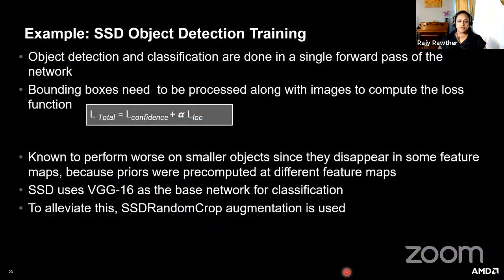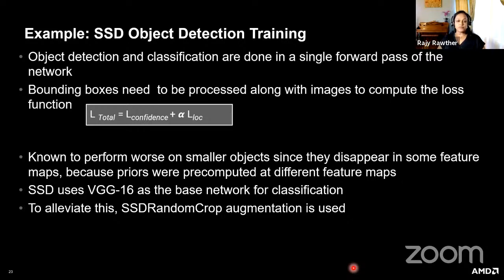So now I want to introduce SSD object detection training. As you may know, SSD stands for single shot multi-box detection. It was released in 2016 and reached new records in terms of precision and accuracy for object detection, scoring over 74% mAP.